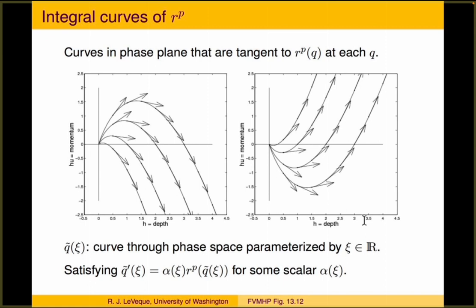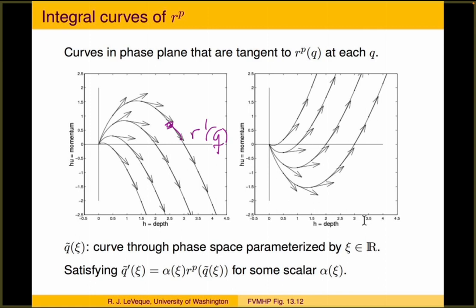So for example, at this point here, the tangent vector to the curve points in the direction of the eigenvector R1 evaluated at this particular value of Q. So at every point in the phase plane, there's an R1 eigenvector, and you can plot that sort of field of vectors and then draw lines that flow along those directions.